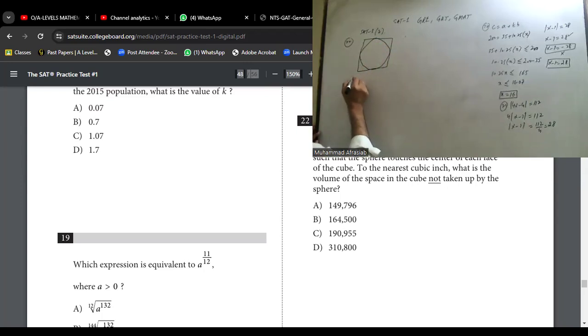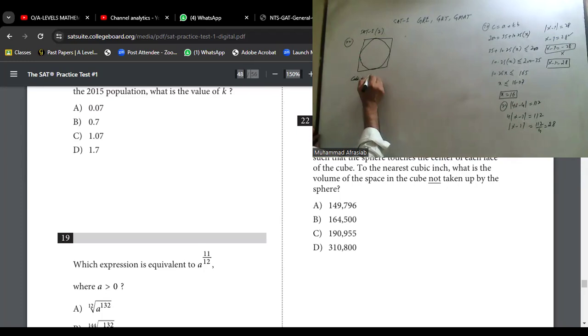The cube has length as the dimension as 34 inches.